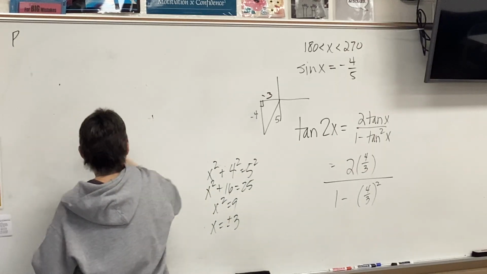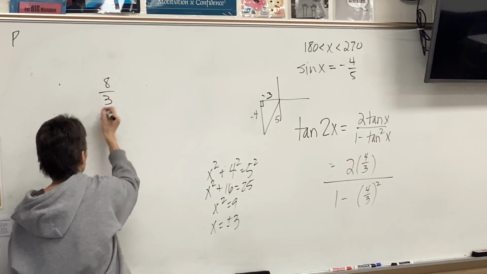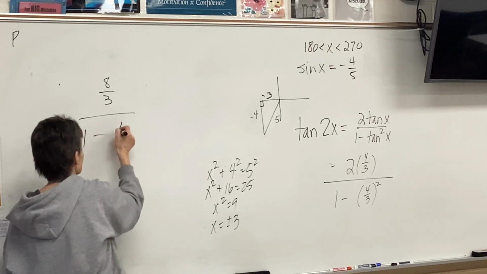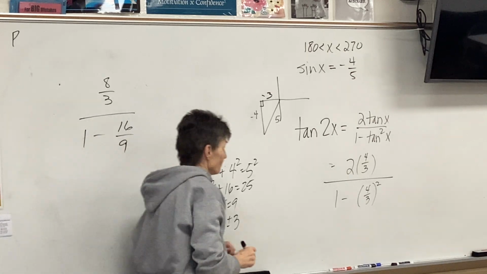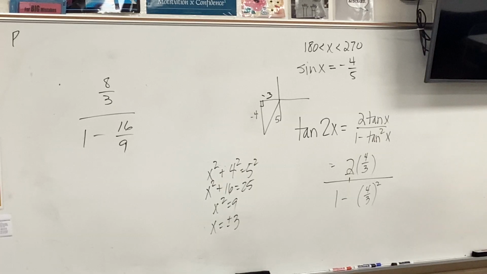All right, let's do the arithmetic. So on top, I have 8/3. And on the bottom, I have 1 minus 16/9. This is 2 over 1 times 4 over 3. That's 8/3. 1 minus 16/9.